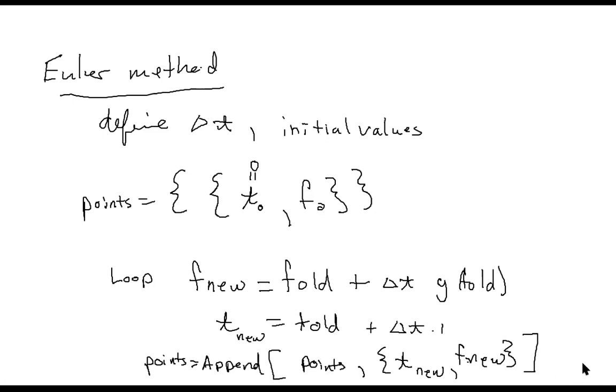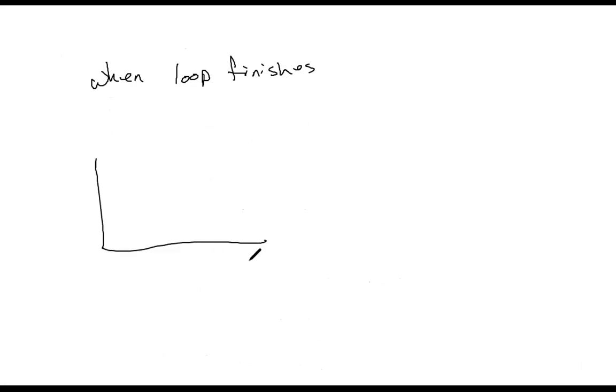And at the end of the day, when the loop finishes, you have a list of time and function values, and you can reconstruct the graph of the function. So that's the Euler method in a nutshell.